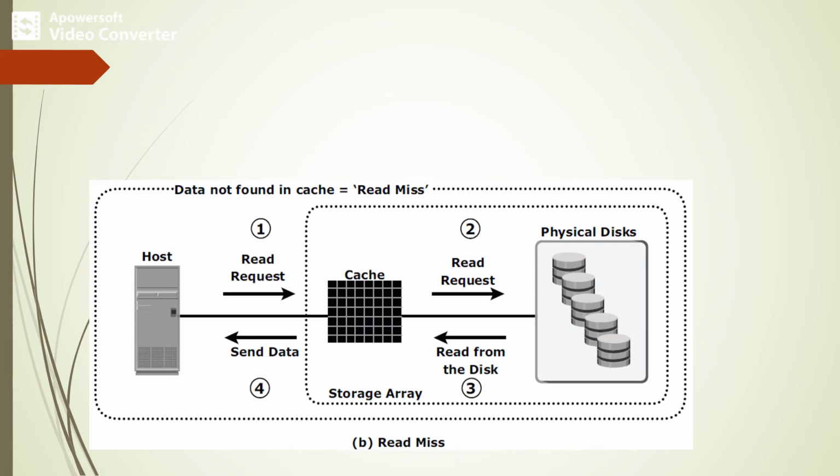Now, if data is not found in the cache, that means a read miss. Initially the host sends a read request to the cache, but the requested pages are not found within the cache. At that instant the cache sends the read request to the physical disk.